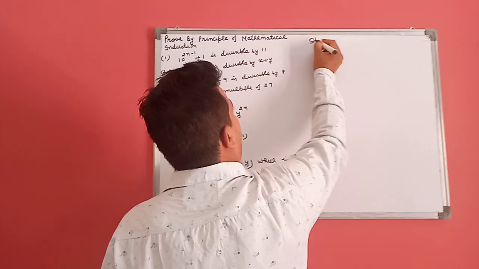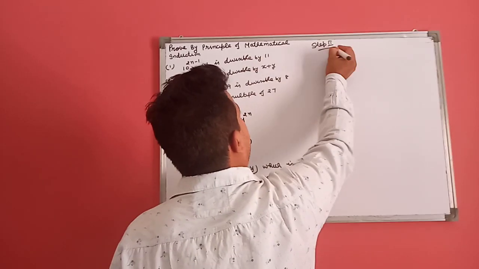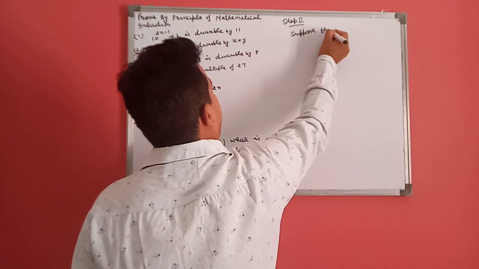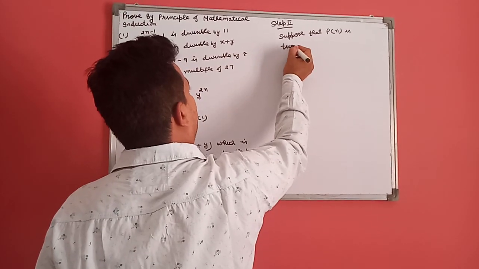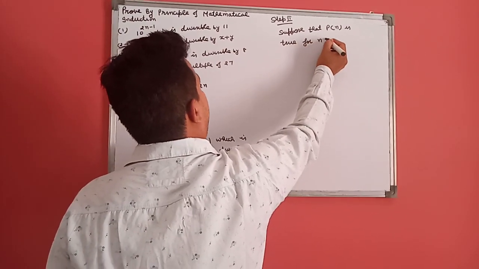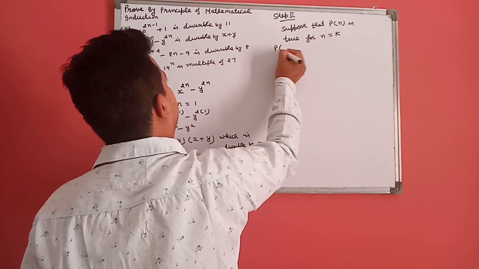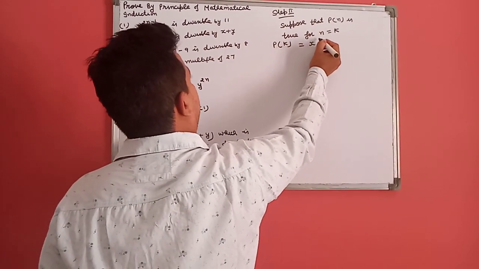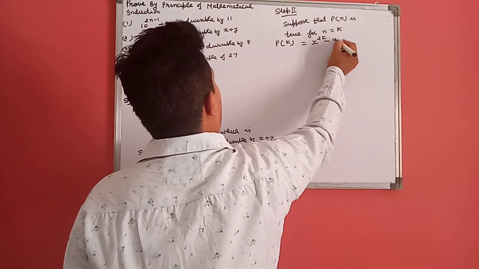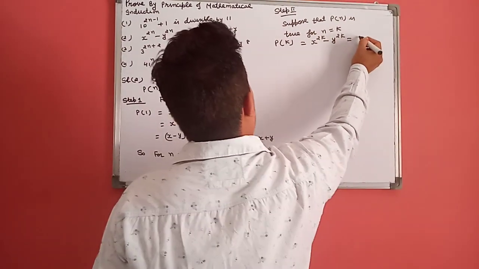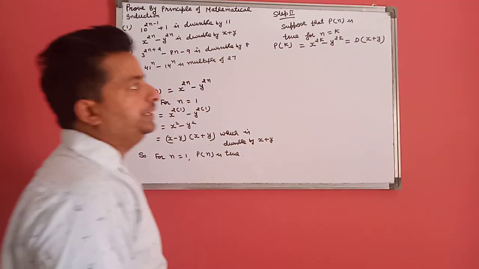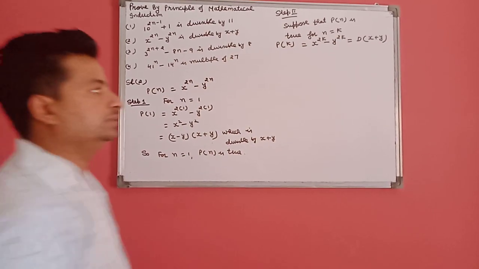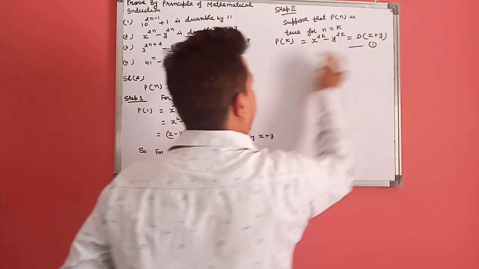In step 2, we suppose that Pn is true for n equal to k. This means Pk is x^(2k) minus y^(2k) equal to d into (x plus y). D is for divisible. This is the question number second.